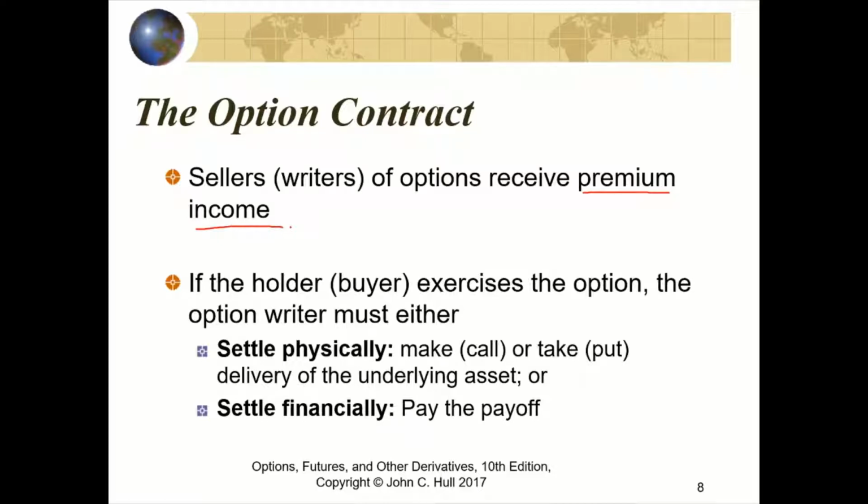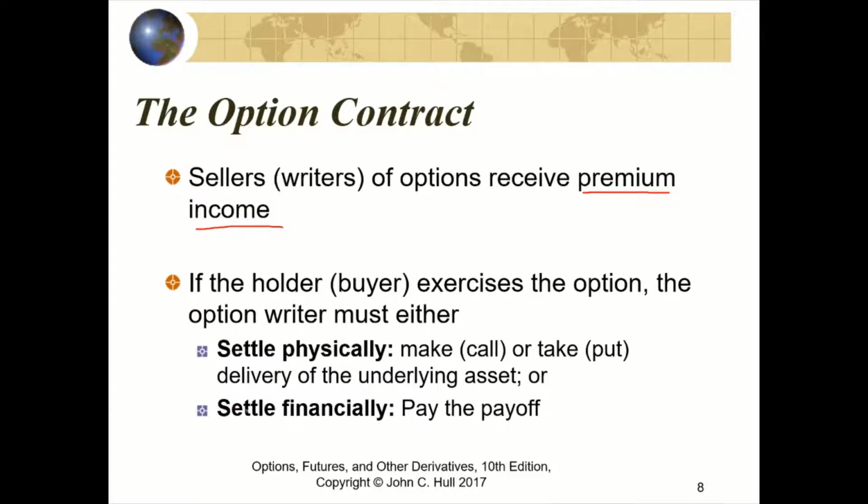So in a physical settlement, the short party will make delivery of the underlying asset. So he will deliver the underlying asset if we are dealing with a call, or he will take delivery of the underlying asset if we are dealing with a put option.